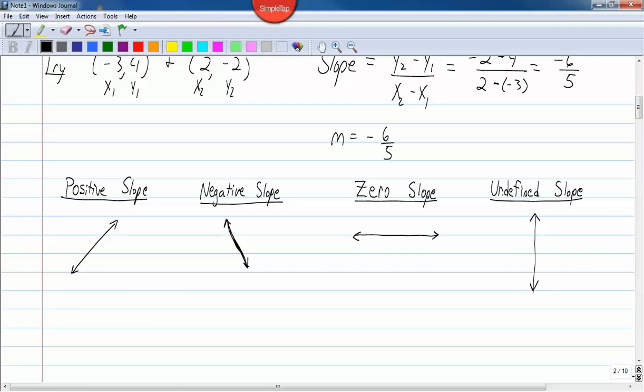It's not that it has no slope. It doesn't have a slope of 0, but its slope is so great that it's undefined. Alright, so a vertical line slope is undefined. A horizontal line slope is 0. Positive slope goes up from left to right. Negative slope goes down from left to right.